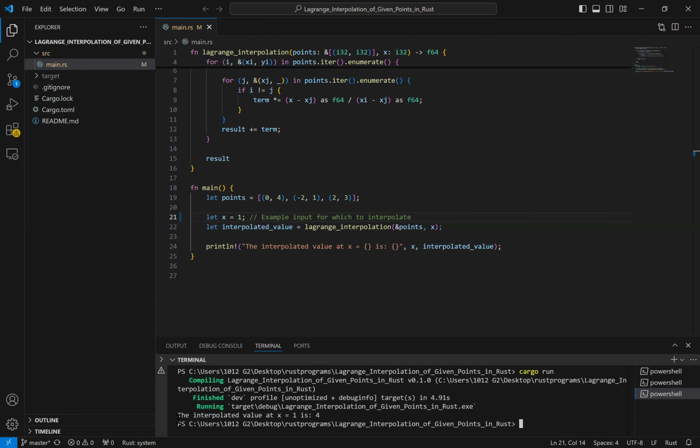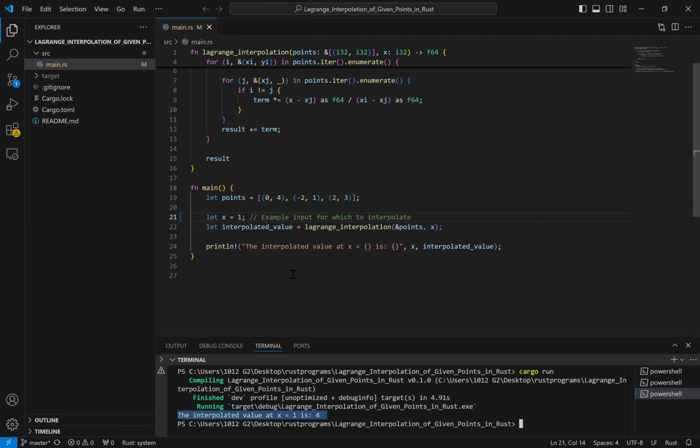It tells me that when x is 1, y will be 4. Since these are 3 points, what we came up with was a quadratic equation. So we're just asking this quadratic equation, what will be the value of y when x is 1, what will be the value of y when x is this, and so on.